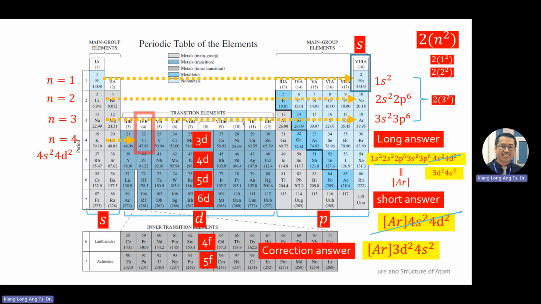Another one. The bottom one is 4f, 5f. Add another 2 nodes in the diagram. D, 3D, 4D, 5D, 6D, then add another one because SPDF. So this is 4F, this is 5F. It's not there.